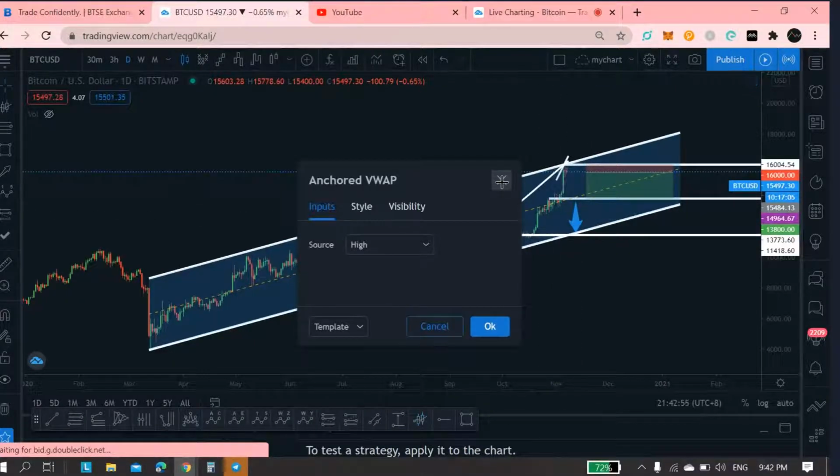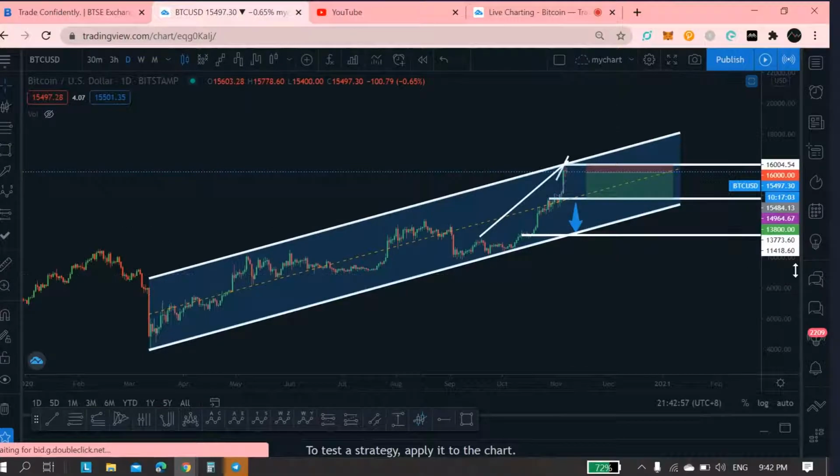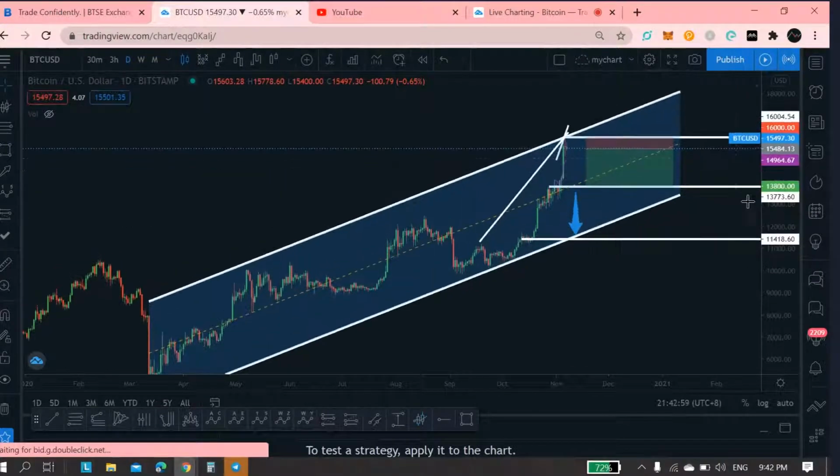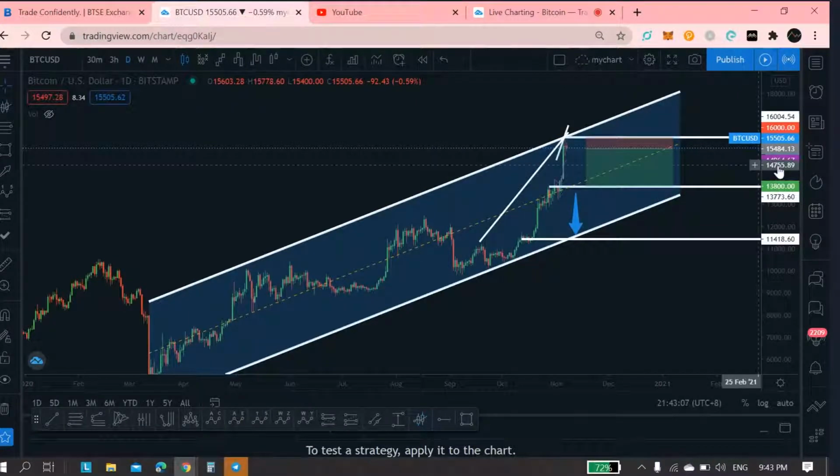So as you can see, the VWAP area is around 14,900. So that can also serve as a possible support area.